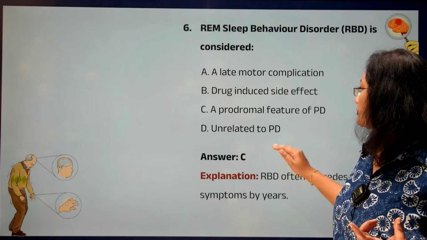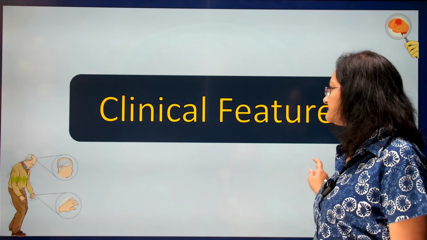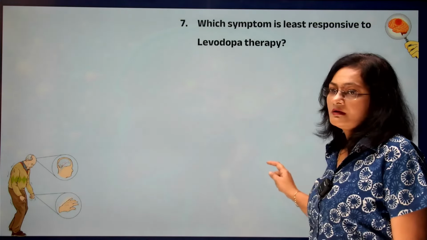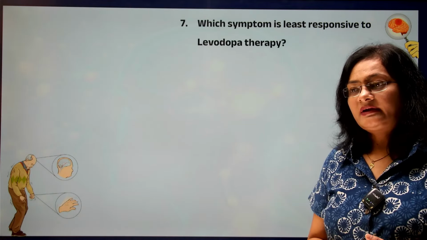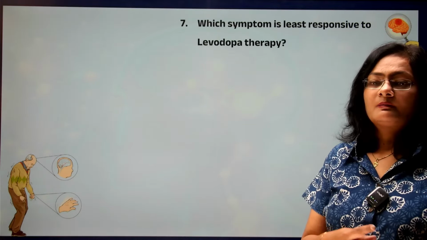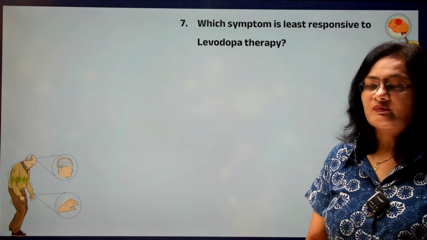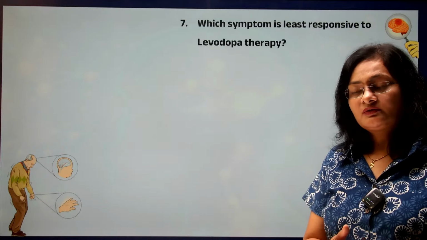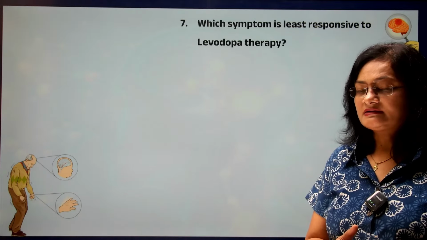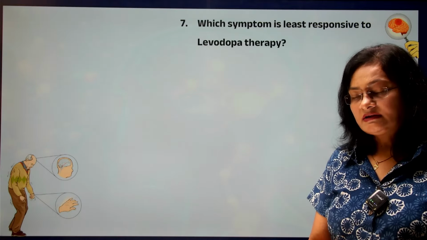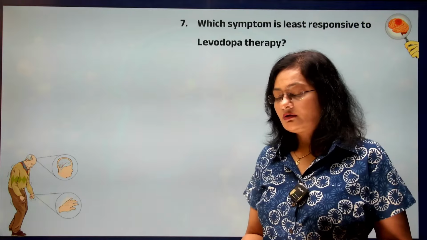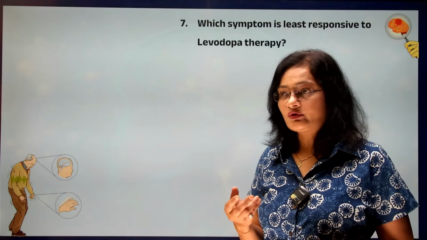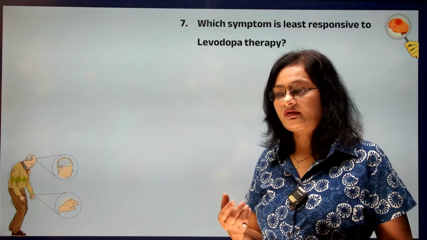Next will be clinical features of Parkinson's disease. So the cardinal symptoms we have already discussed: akinesia, bradykinesia, rigidity, postural instability, and tremors. Apart from this, many other features will be produced in Parkinson's disease. They have difficulty in speech. Dysarthria is very common. They will have features related to autonomic dysfunction, like sialorrhea, that is drooling of saliva from the mouth.